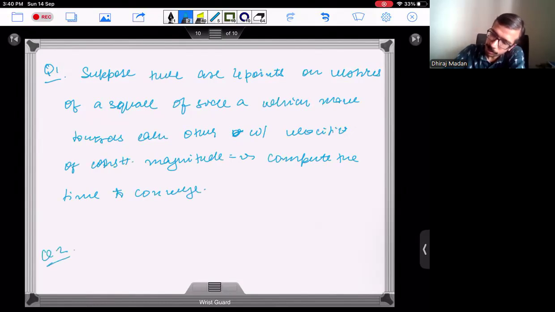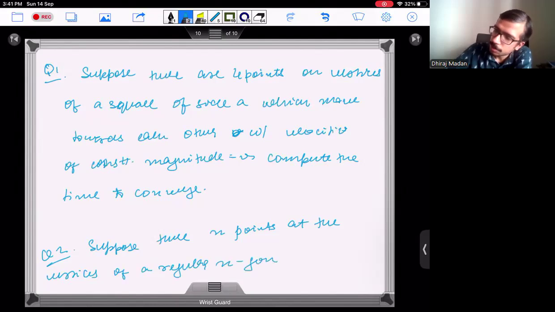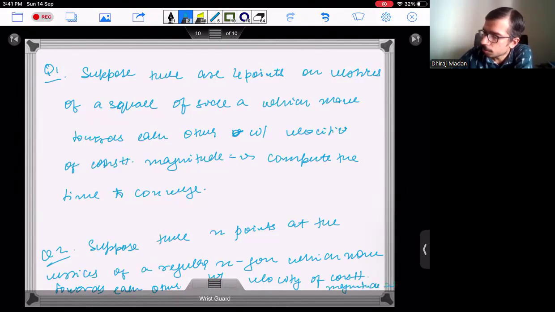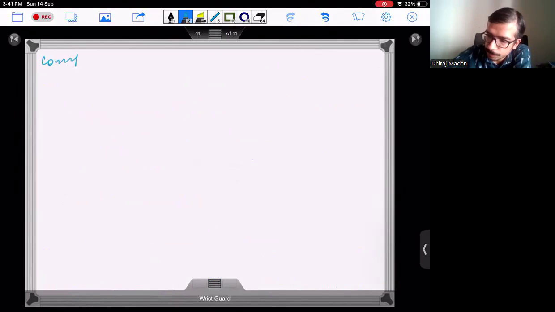So question 2, suppose there are n points at the vertices of a regular n-gon, which move towards each other with velocity of constant magnitude equal to v, and compute the time to converge.